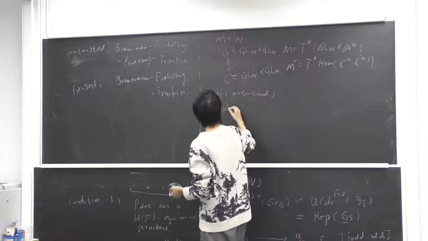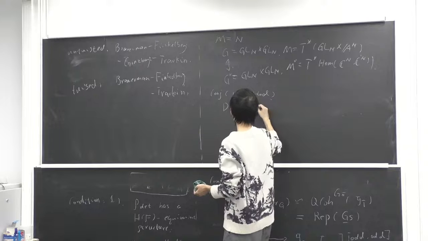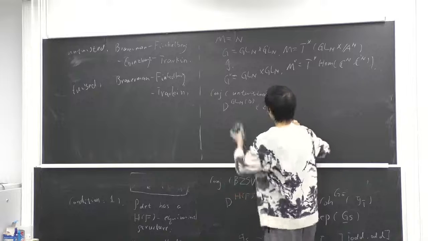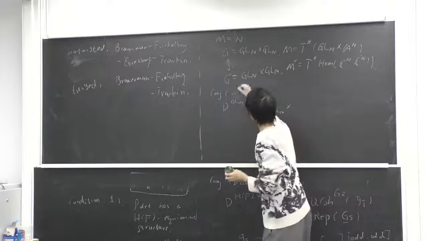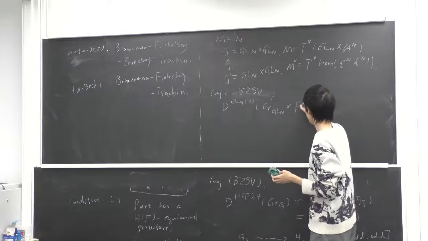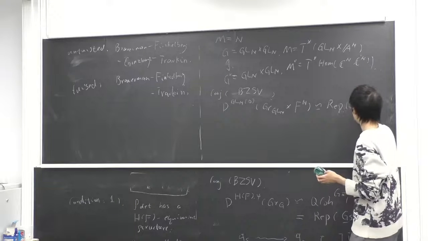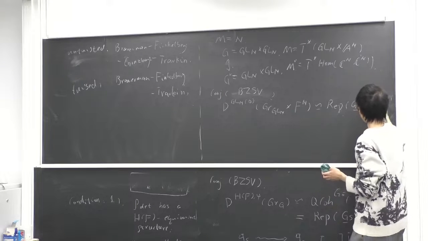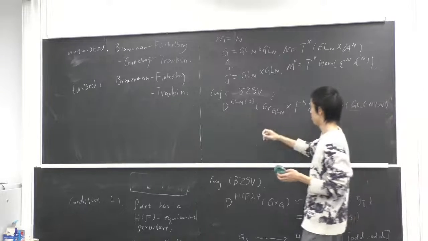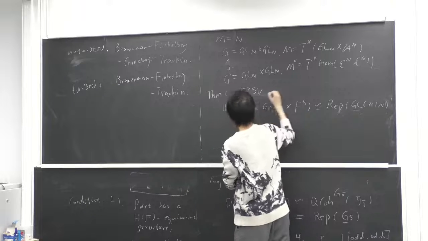It says that GL(n) O equivariant D-modules on the Grassmannian associated with GL(n) times F^n is equivalent to the category of representations of the degenerate supergroup corresponding to GL(n), and it has already been proved due to BFGT.